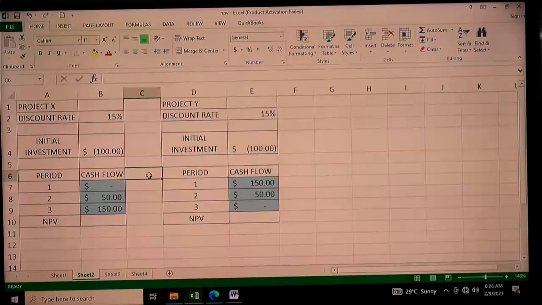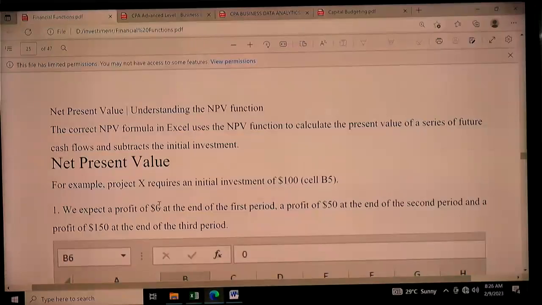Then with that worksheet, there is still another worksheet that is now in that booklet about understanding the net present value. The correct net present value formula in Excel is the NPV function to calculate the present value of a series of future cash flows and subtract the initial investment.